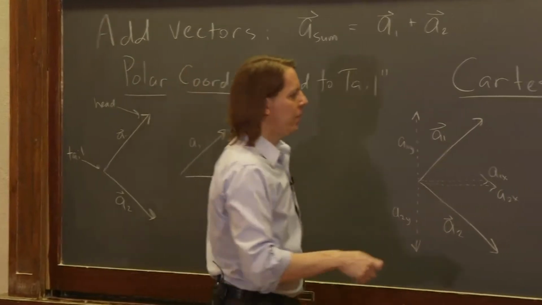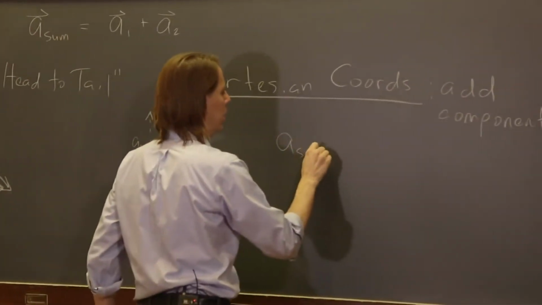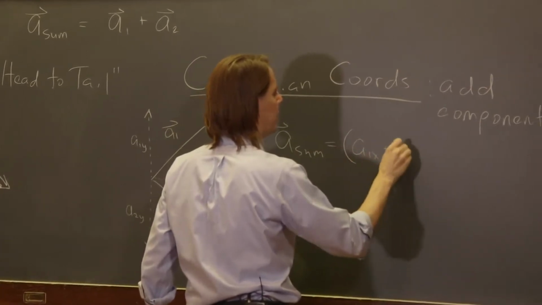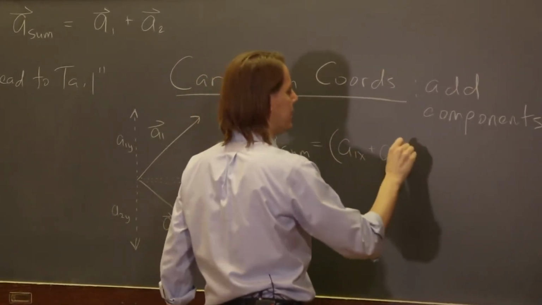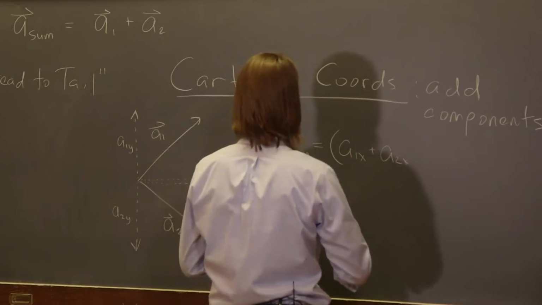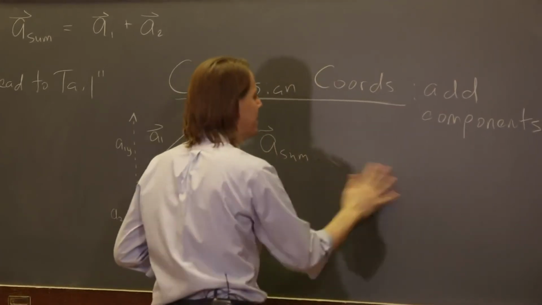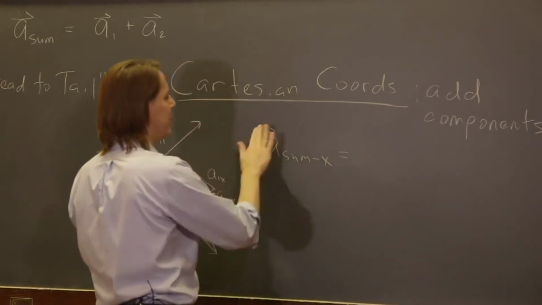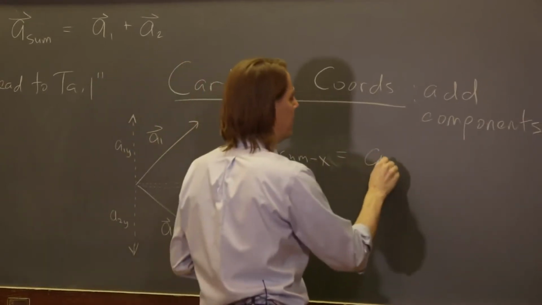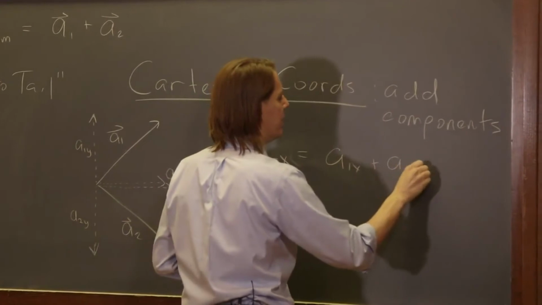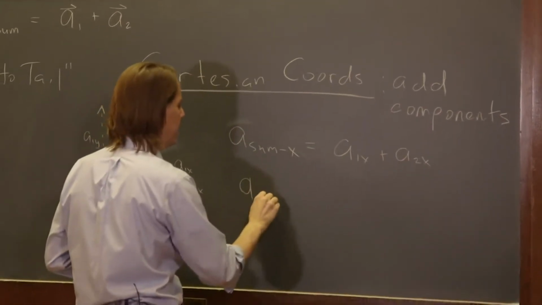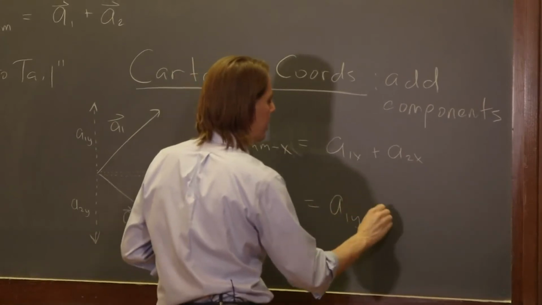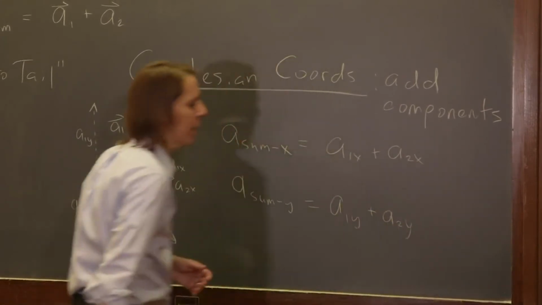So then a sum, in this case, we could get it mathematically. If we wanted it in Cartesian coordinates, the x component of the sum would be simply a1x plus a2x, and the y component of the sum would be a1y plus a2y.